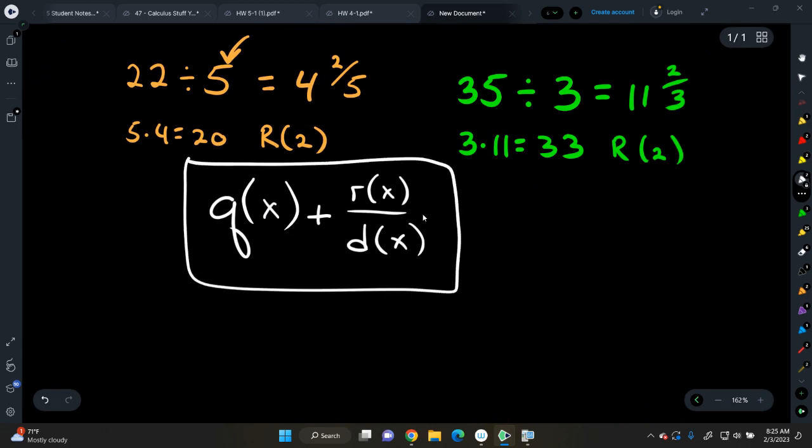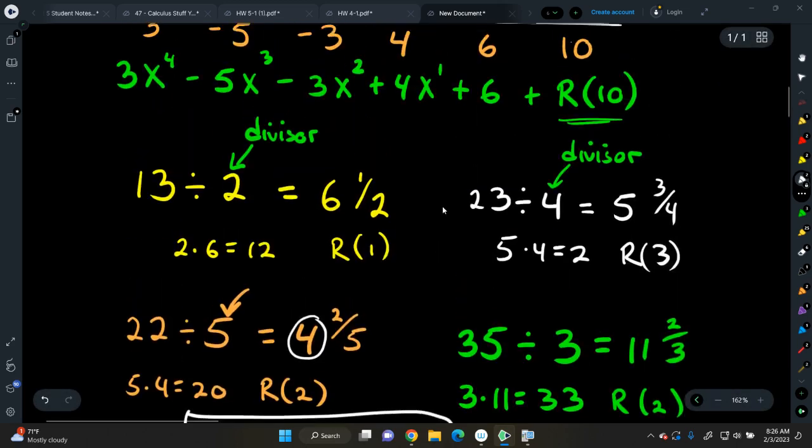And that's one of those things where you have no idea what they're actually asking you to do. So you end up skipping it, but you do actually know how to do it. It's just because of the way they phrase it, it gets confusing, right? What this means is represent your answer as the quotient, right? Here's the quotient for the answer plus the remainder over the divisor, okay?